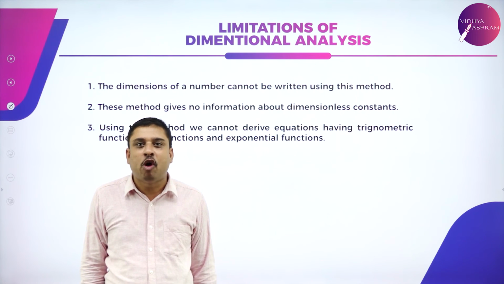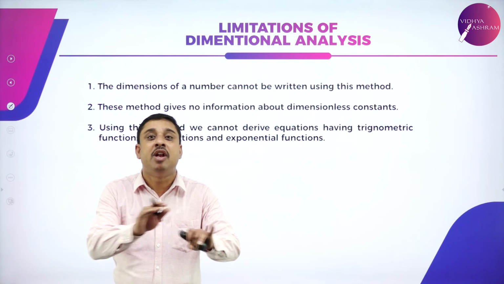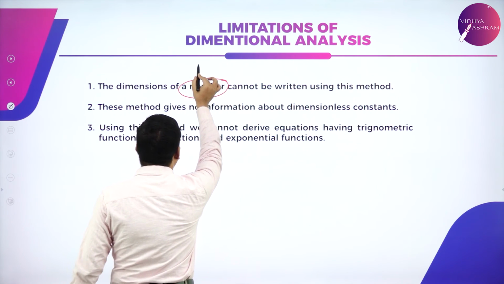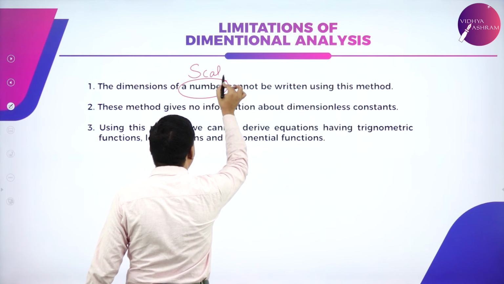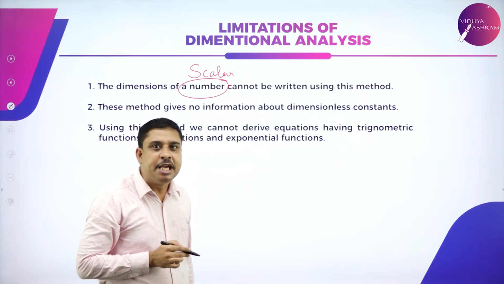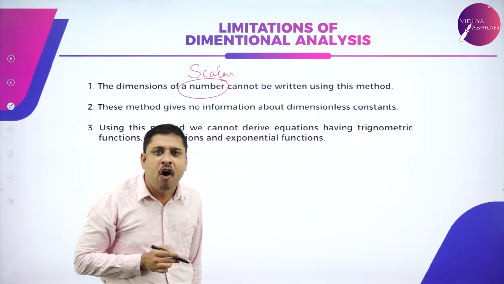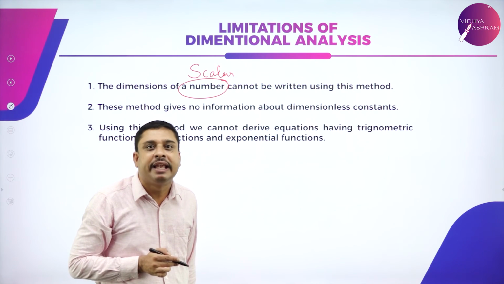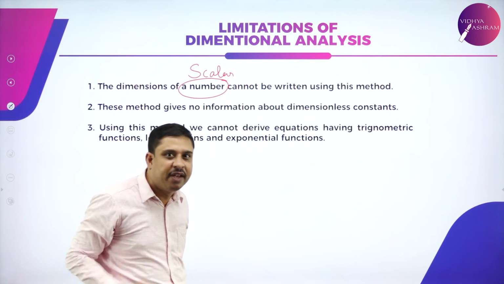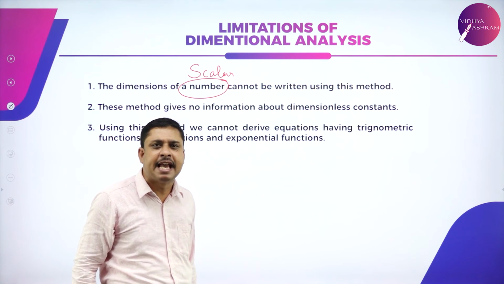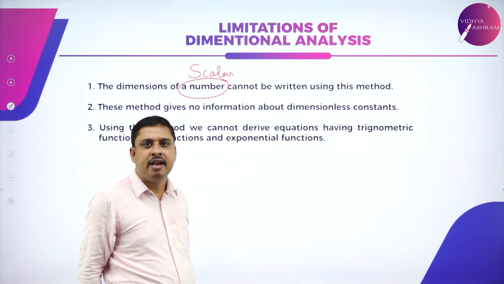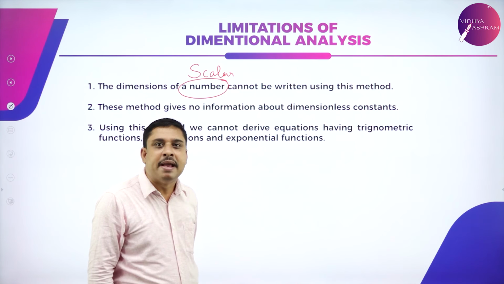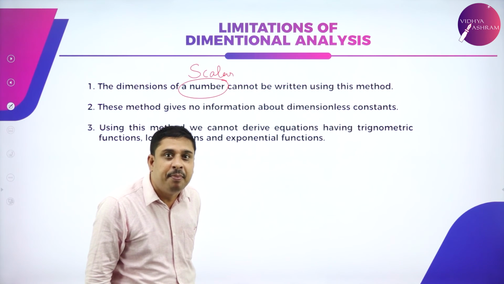Using the method of dimensions, I cannot write the dimensions of a number, a scalar. Dimensions of a pure number, a scalar, cannot be written using this method. So the very first limitation says you cannot employ dimensional analysis to write the dimensions of a number.